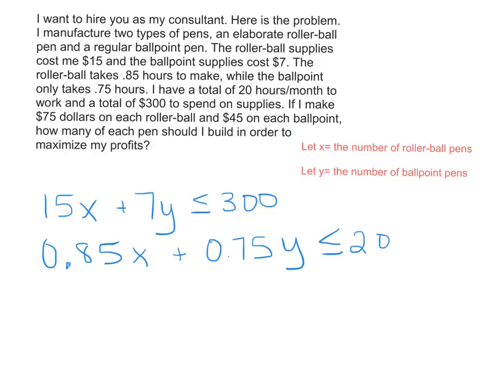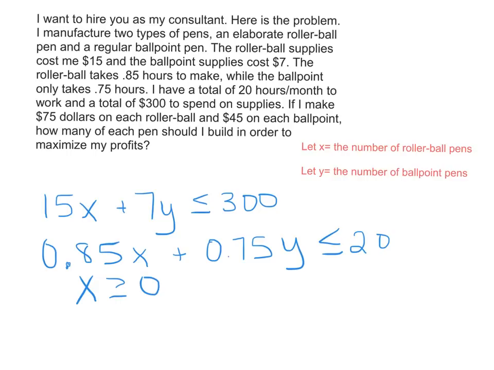Can we unmake something? No, that doesn't make sense, right? So we need to make sure that we have our domain and range for these variables. If X is the number of rollerball pens, we know we can't have any less than 0. So that means that X must be greater than or equal to 0.